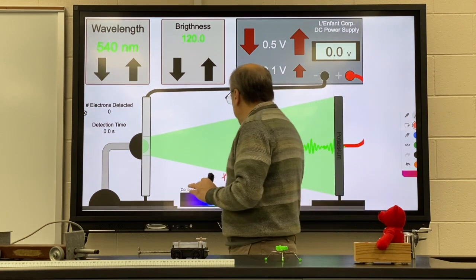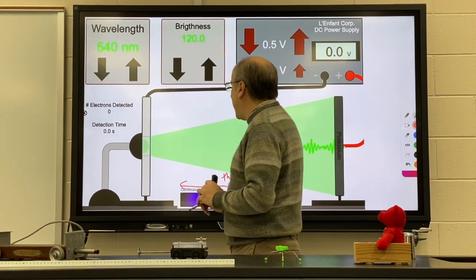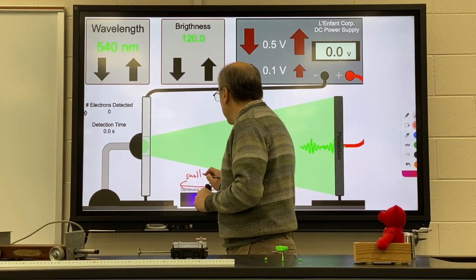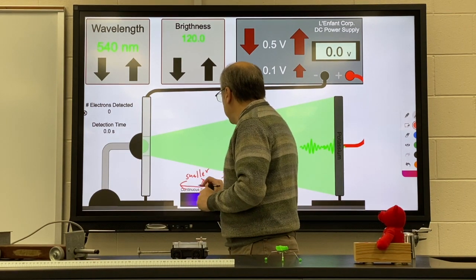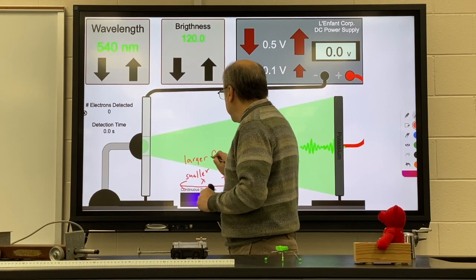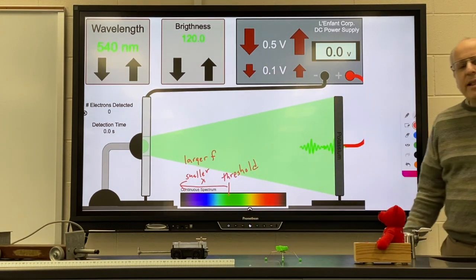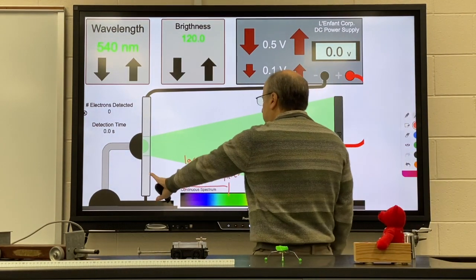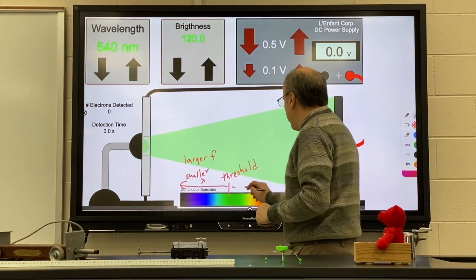All the colors on this side, which would have smaller wavelengths or larger frequencies, can knock the electrons off. All of these electrons are knocked off.